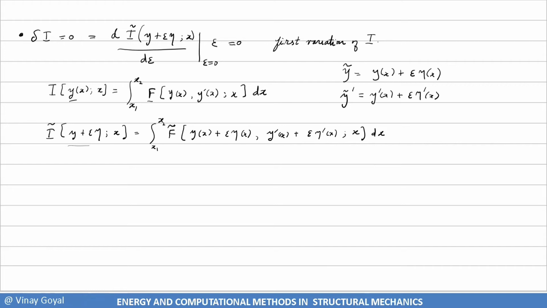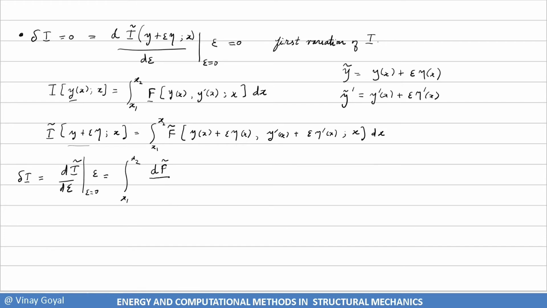So let's do that. The first variation of I equals, and I'll find the derivative of I tilde with respect to epsilon at epsilon equals 0 times epsilon. So that's the integral from x1 to x2, and I'll take the derivative of f tilde.